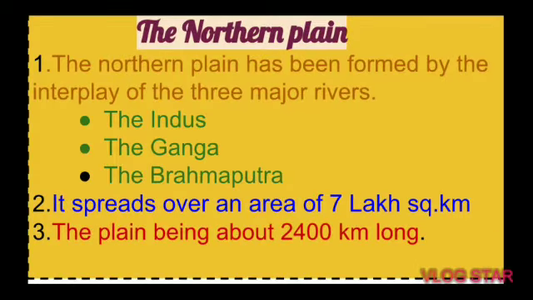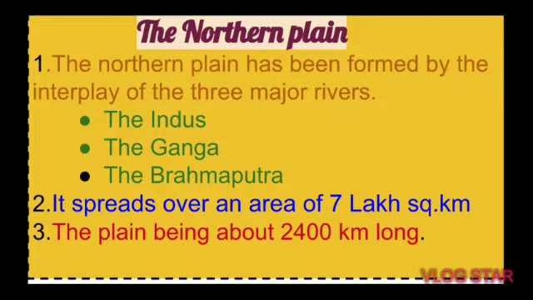The northern plains. The northern plains have been formed by the interplay of the 3 major rivers. They are the Indus, the Ganga, and the Brahmaputra. Because of these 3 major rivers, the northern plains have fertile soil which is very good for agriculture.